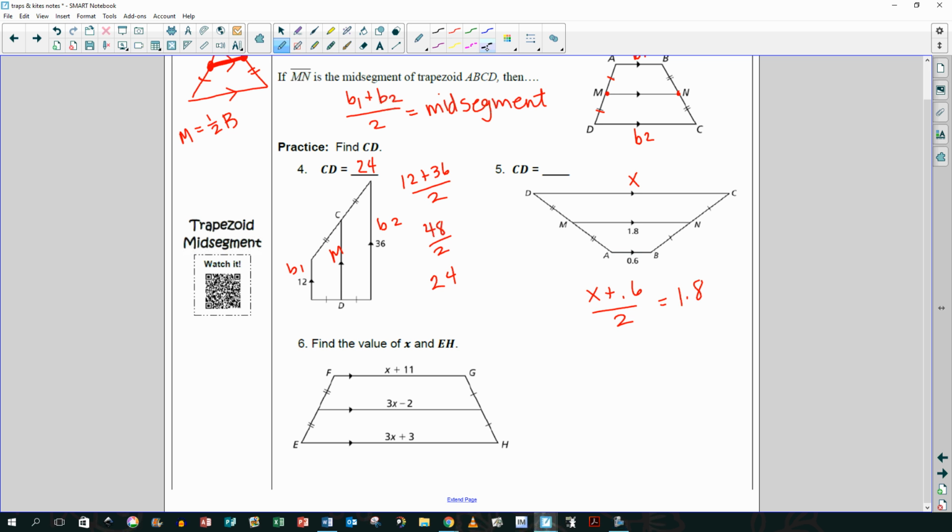So I would just need to multiply both sides by 2. So if I multiply this by 2 and then multiply this side by 2, now I have x plus 0.6 equals 3.6. We'll subtract 0.6, x is 3. So that means the base of this one is 3.